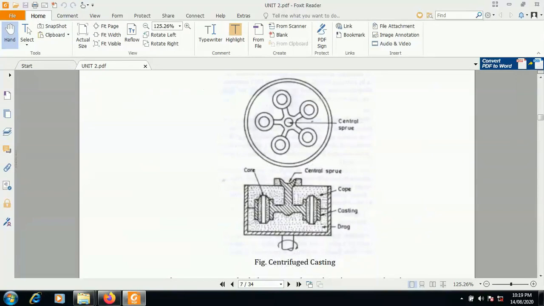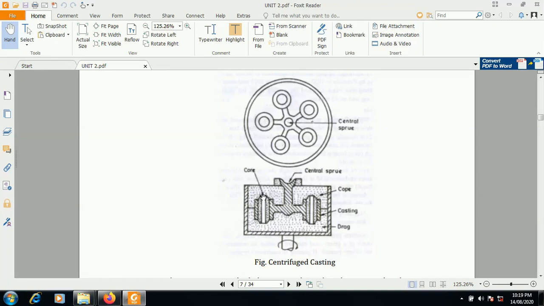Here mold cavities are fed by a common central sprue. This is the top view and this is the cut front view of the centrifuge casting process. This is one mold cavity, this is another mold cavity, and they are joined to the common central sprue by using the gates. You can see the center hole in the top view as well as in the cut section.